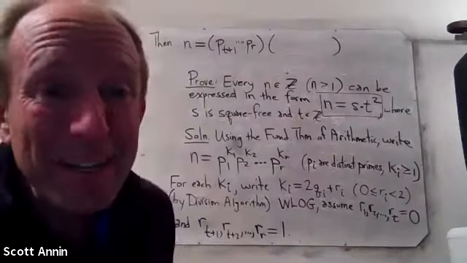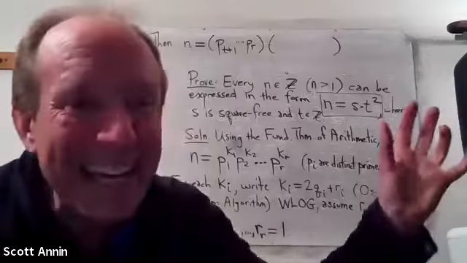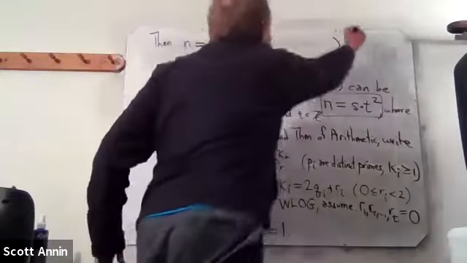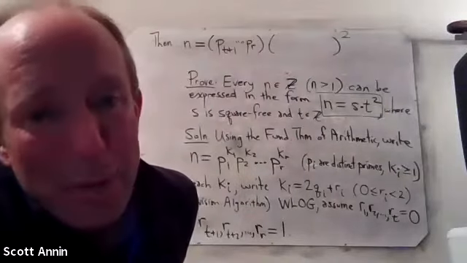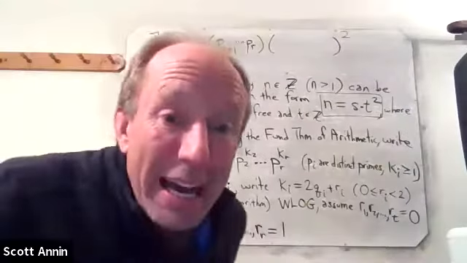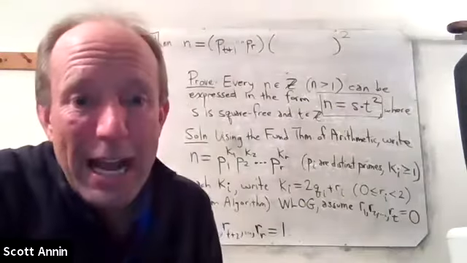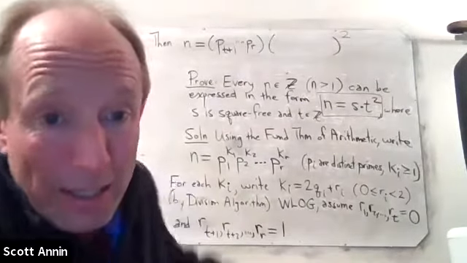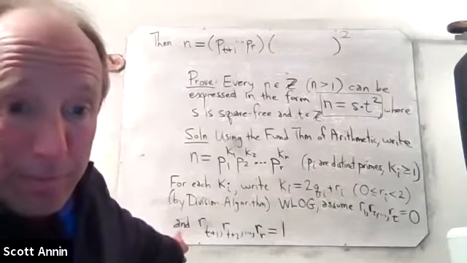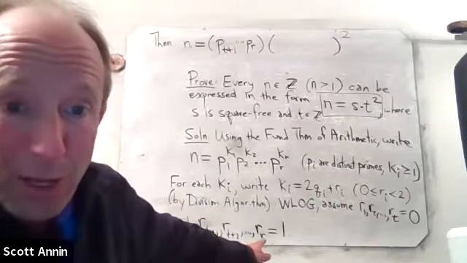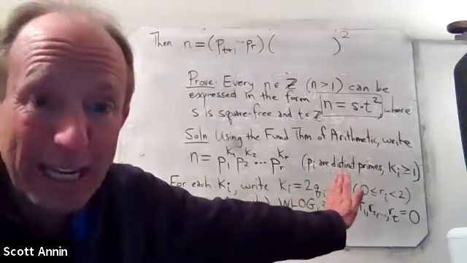And then I'm going to grab everything else and try to write it as a perfect square up here. And how am I going to be able to do that? Well, essentially, I've pulled out the r sub i's from the t plus 1 through r terms. So we're no longer looking at that so much.